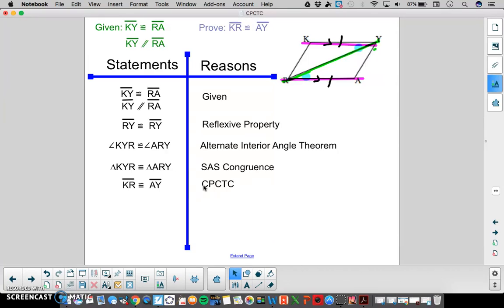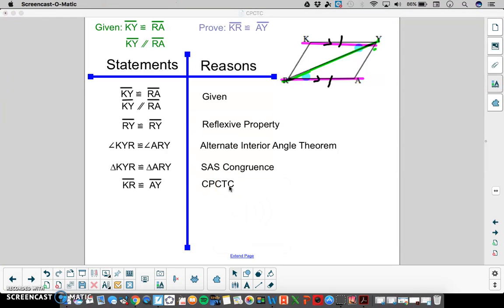Therefore, we can say KR is congruent to AY by the property of corresponding parts of congruent triangles are congruent, or abbreviated CPCTC. On your notes, what I'd like you to do is have the two-column proof, but I'd also like you to create a flowchart proof based on this problem.